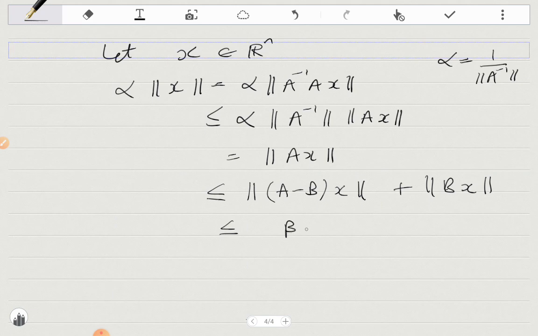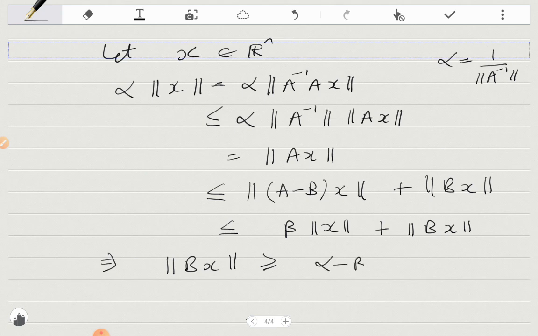So the norm of this will be less than or equal to beta times norm x, plus norm Bx. So the upshot is that norm Bx will be greater than or equal to alpha minus beta times norm x.